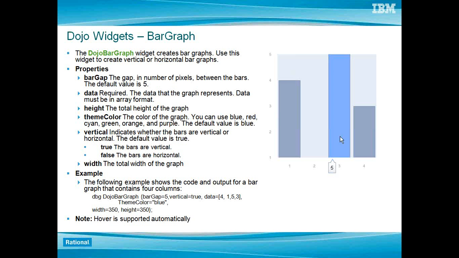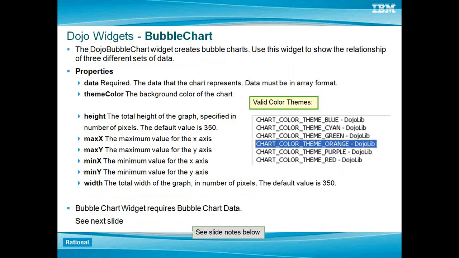It will be shown in the format of bars, and we will mention the height and width of this bar graph, that is, how tall the bars should be and what the total width of the bar graph would be. And there are some other events that are associated with this bar graph.